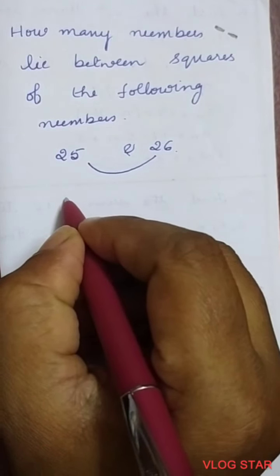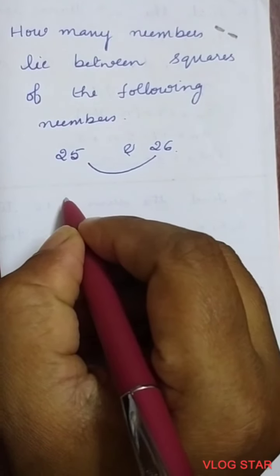So it is equal to 2 into 25, which is 50. So 50 numbers are there in between the squares of these two numbers.